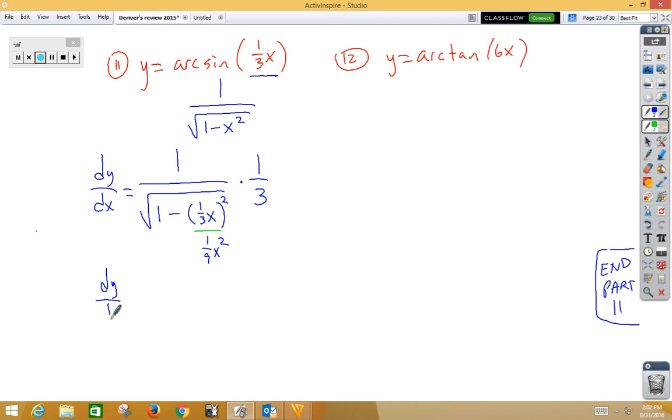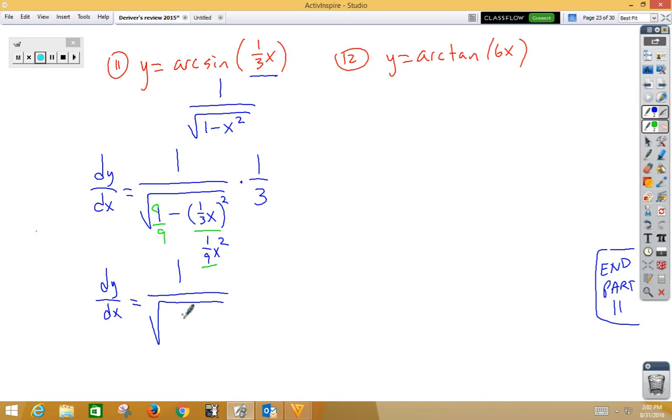If we square this 1/3 x, we get 1/9 x squared. So dy dx is equal to 1 over square root of, now I'm going to write this as a common denominator. So notice my denominator is 9. So this 1 I'm going to turn into a 9 over 9.